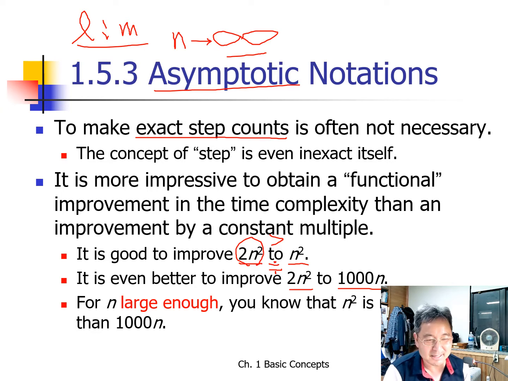If n is about 10, okay? 10 square means 100, 200, okay, on the left. And on the right is 10,000.